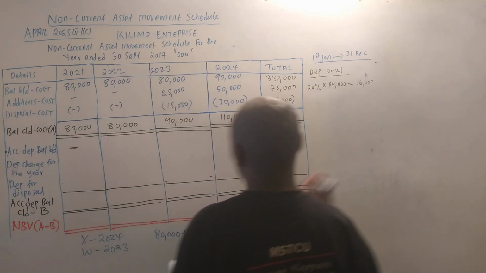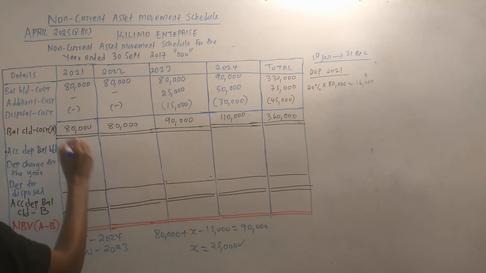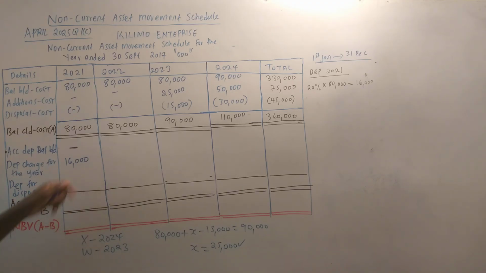16,000. You come and put it here. Let me use a different pen. This one has even refused to write. So 16,000. Let's look for depreciation on disposal. There was no disposal in this case.